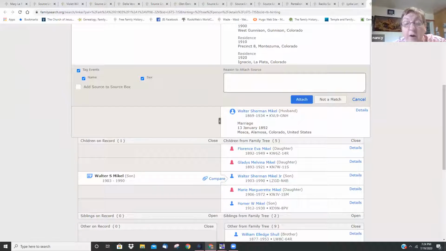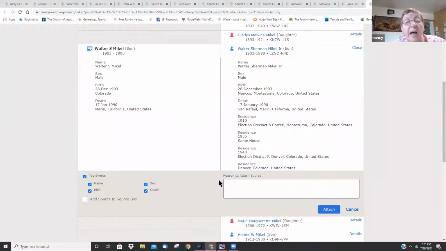So it says that Walter Sherman Michael, who was born in 1903 and died in 1990 in California, and I can check my records in California. In fact, it's going to tell me that the California death record says that he was born the 28th of December, 1903 in Colorado, and I know Mancos, Montezuma County, Colorado.